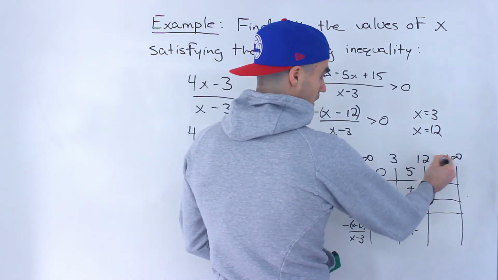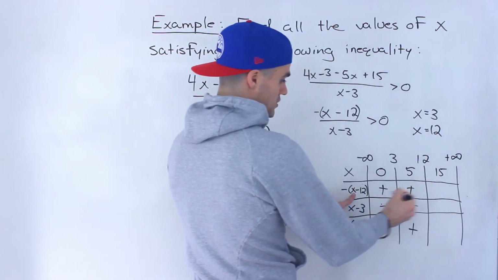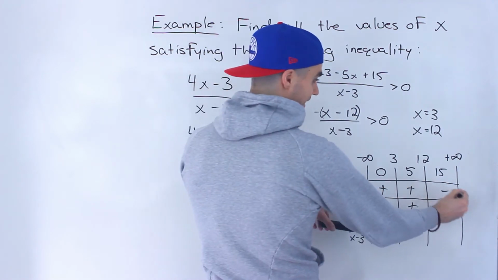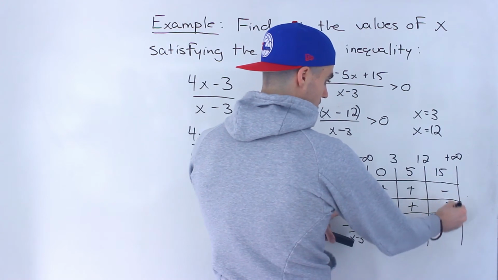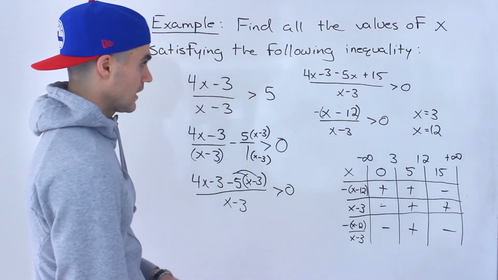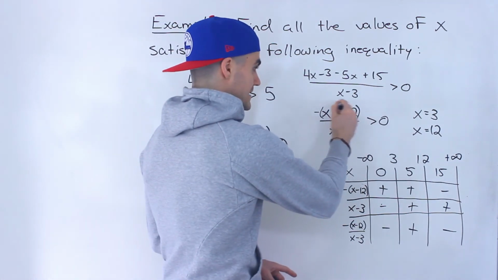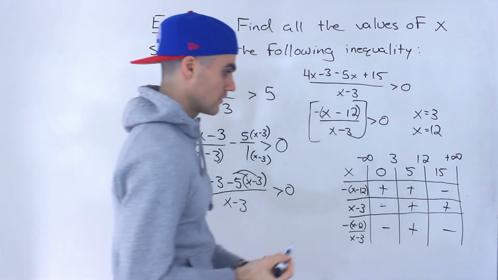And then between 12 and positive infinity, we pick 15. 15 - 12 is positive times negative 1 is negative. 15 - 3 is positive. This divided by that gives us negative. And we're trying to figure out when this is positive, when it is greater than 0.